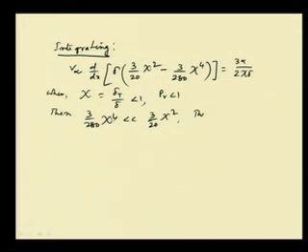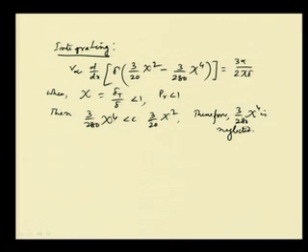Therefore, 3 by 280 xi to the power 4 is neglected. If you do neglect this on the right hand part, then it becomes a little easier for us to do the analysis.